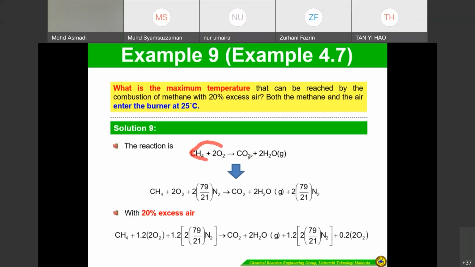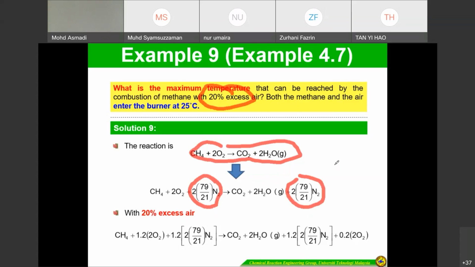This is normal, right? But when there is 20% excess air entering, air contains 79% nitrogen and 21% oxygen.